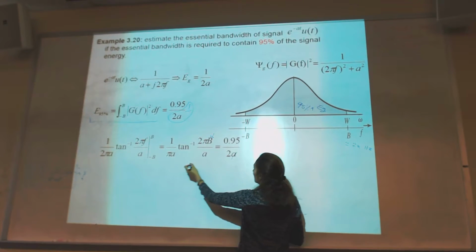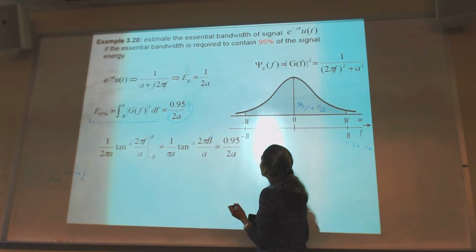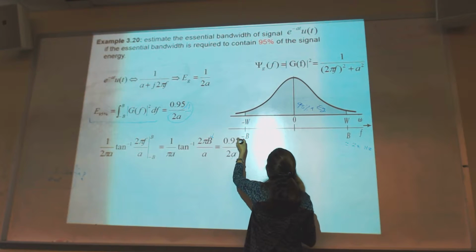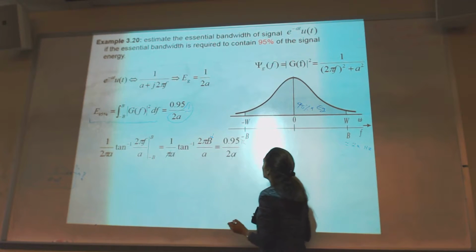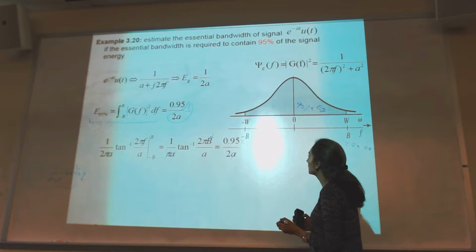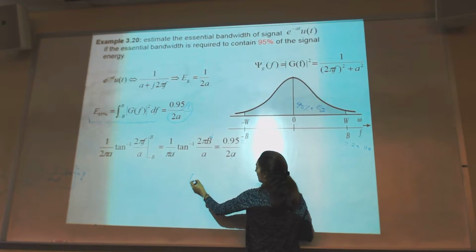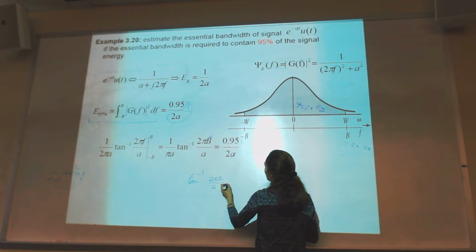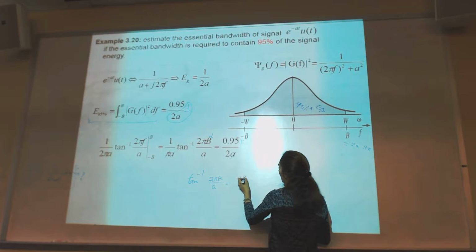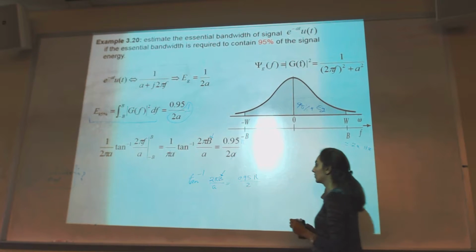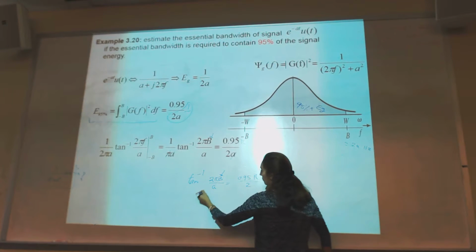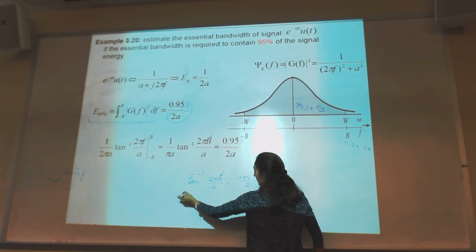Multiply by pi. So first of all, a and the other terms cancel. So now I have tangent inverse of 2 pi b over a equal to the value, and remember, we want to solve it for b. What should I do? Take the tangent of both sides.